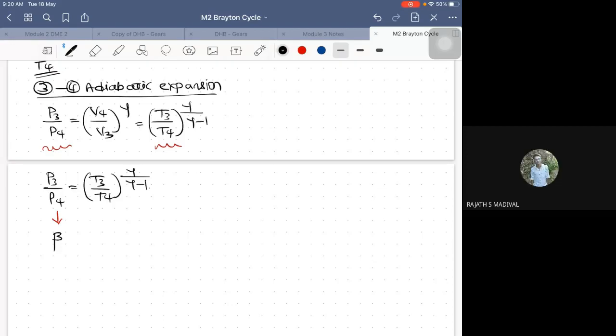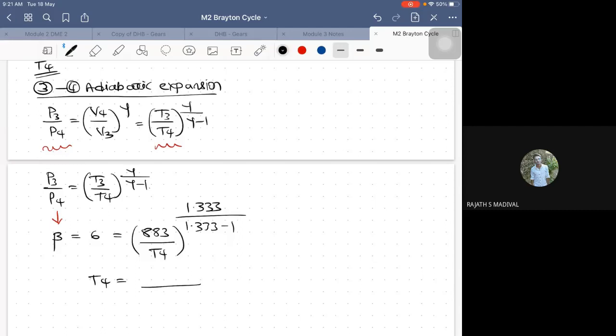Yes, sir. So that value is 6. That is equal to T3, which is 883, divided by T4, whole to the power of gamma, which in case of expansion is given as 1.333, divided by 1.333 minus 1.